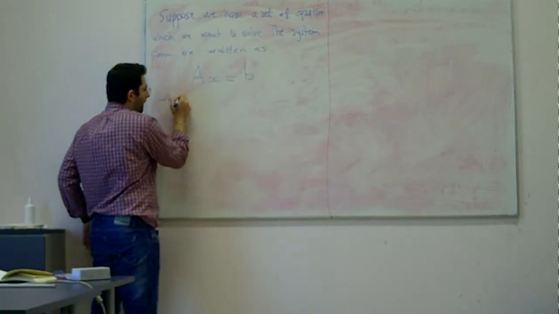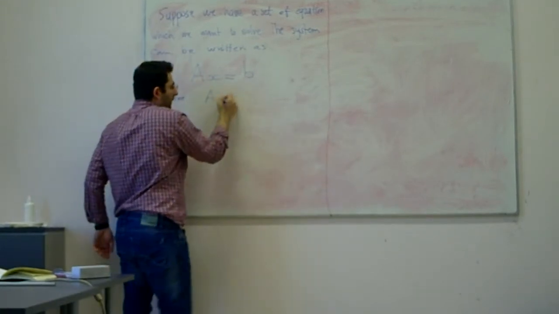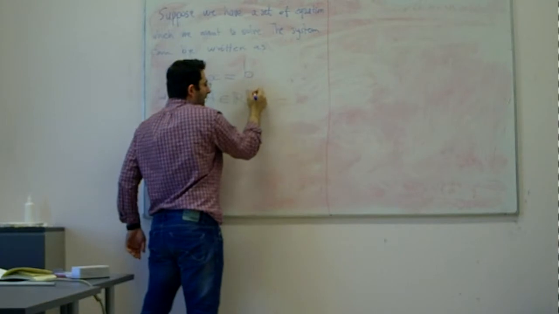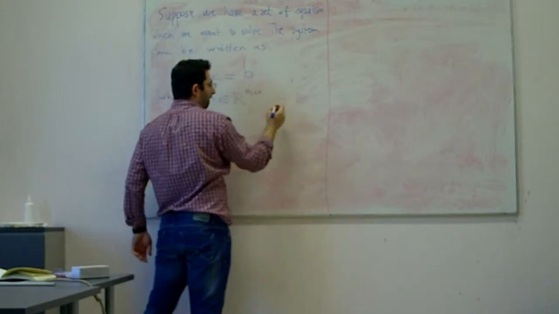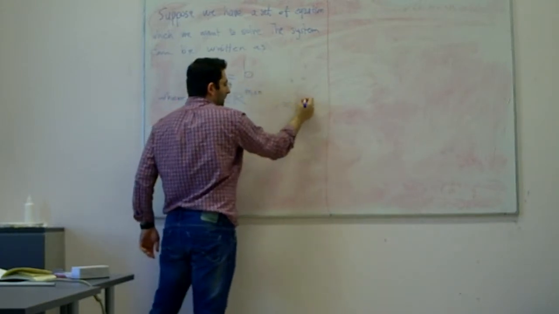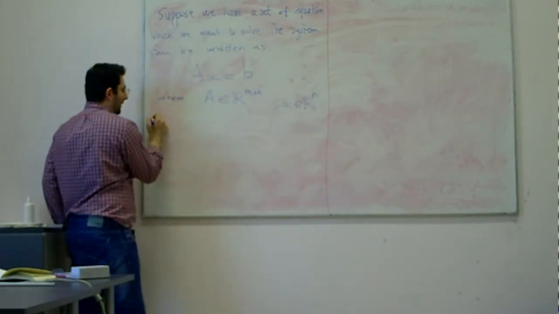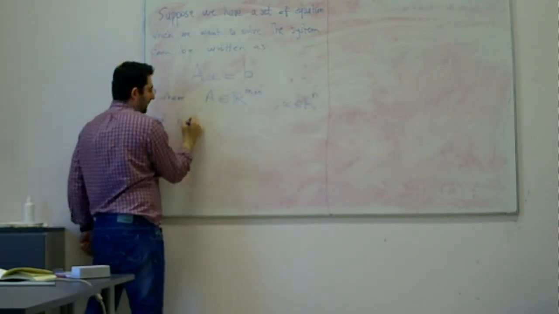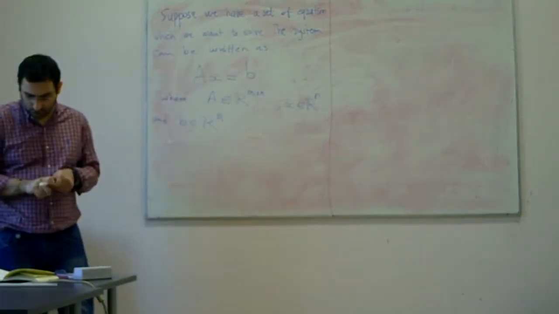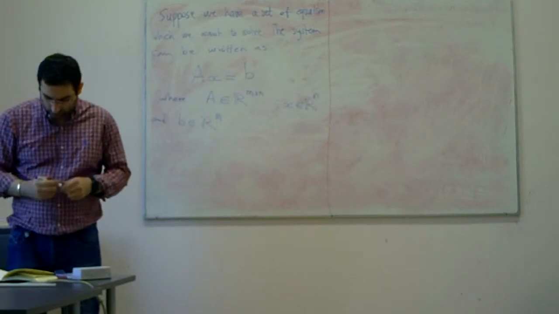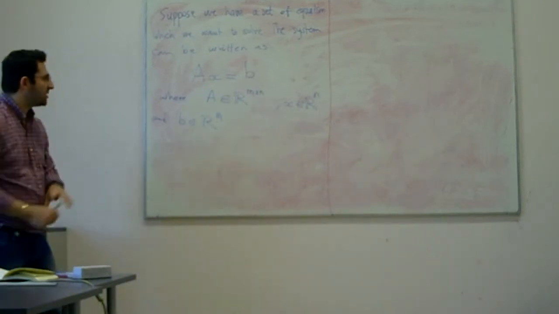Where A belongs to R n by n, x belongs to R n, and b belongs to R n. So this is the general form.